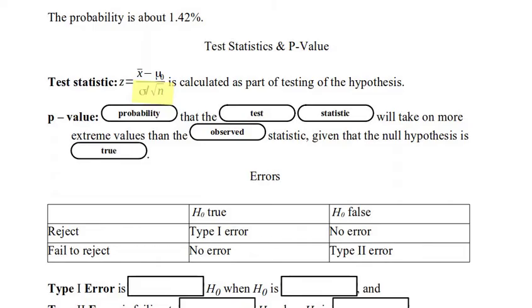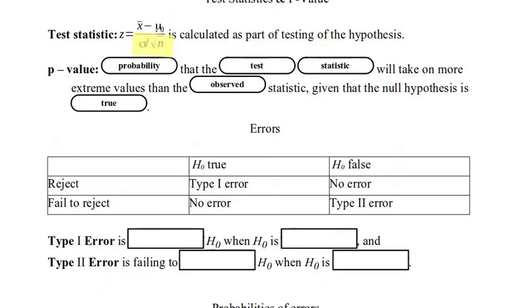We then compare that and ask, what would the probability be that the test statistic will take on more extreme values than the observed statistic? So the observed statistic here is that x bar is 490 days. We're assuming that the null hypothesis is true. That's where we got sigma, and that's where we got mu sub 0.